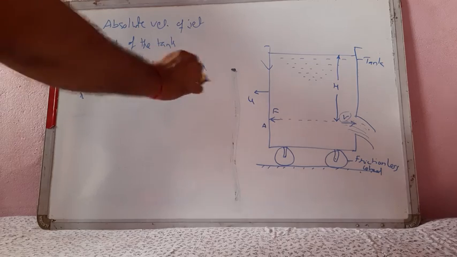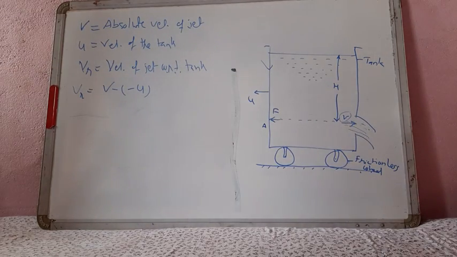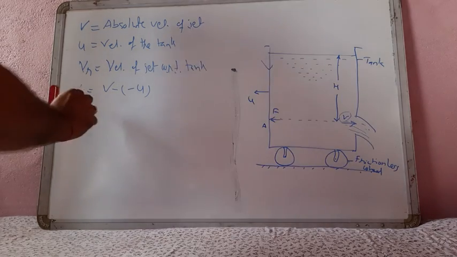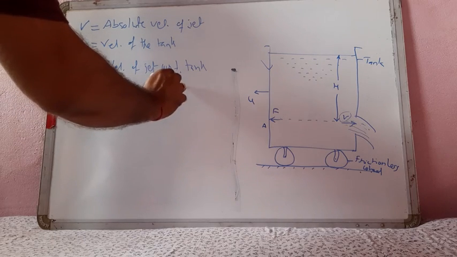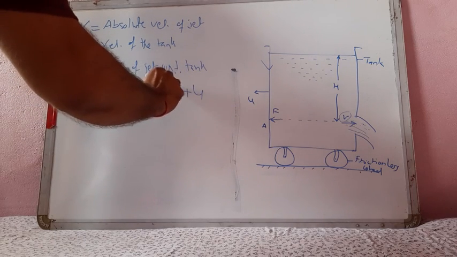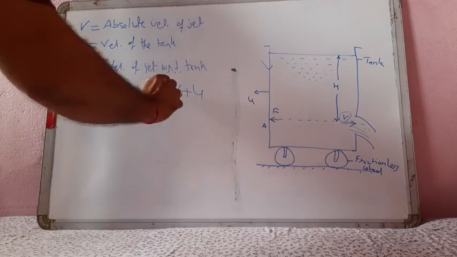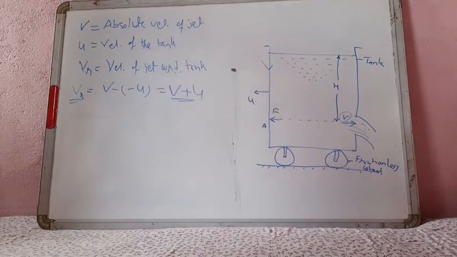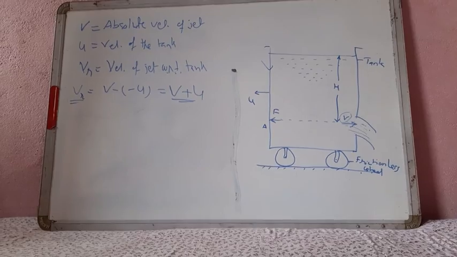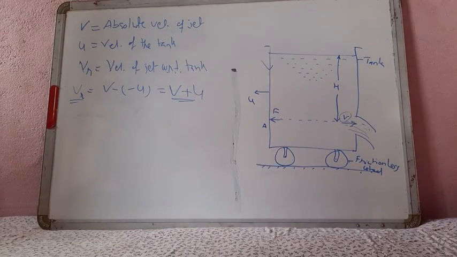The direction of u is negative, so this has been taken as v minus (minus u), that is equal to v plus u. So the relative velocity is v plus u. Hence when the tank is moving, the velocity with which the jet comes out from the orifice is v plus u.